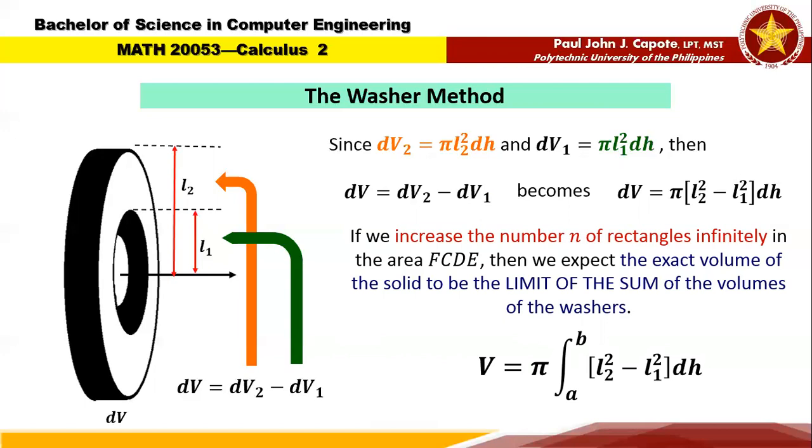The volume is equal to pi times the definite integral of the quantity L sub 2 square minus L sub 1 square times dH from a to b. Again, this L sub 2 is the measure of the upper base from the axis of rotation, and L sub 1 is the measure of the lower base from the axis of rotation.